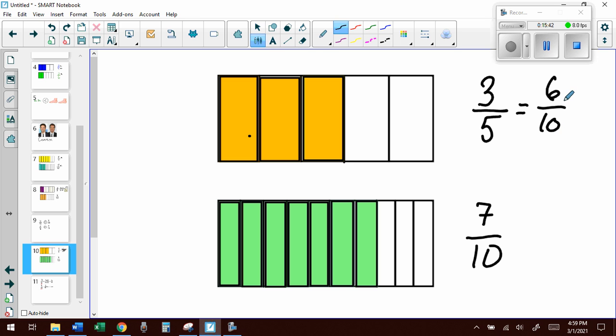So quickly, I need to partition each fifth in half. And I can see that I have 1, 2, 3, 4, 5, 6. Bingo! I have 1, 2, 3, 4, 5, 6, 7, 8, 9, 10.